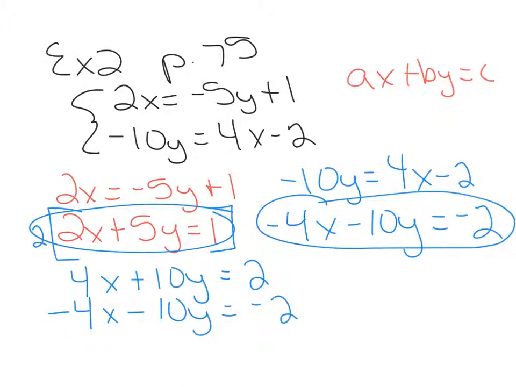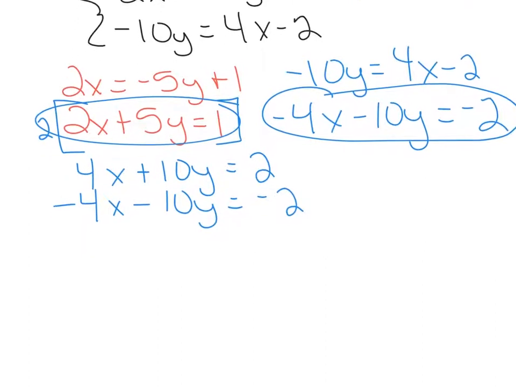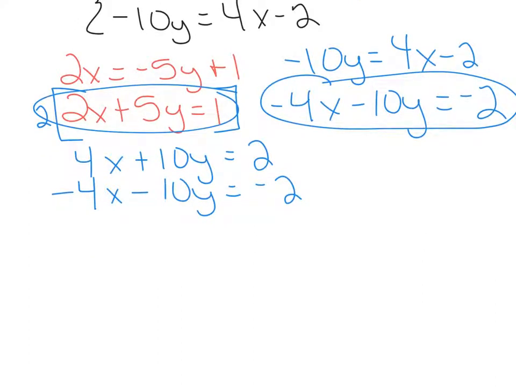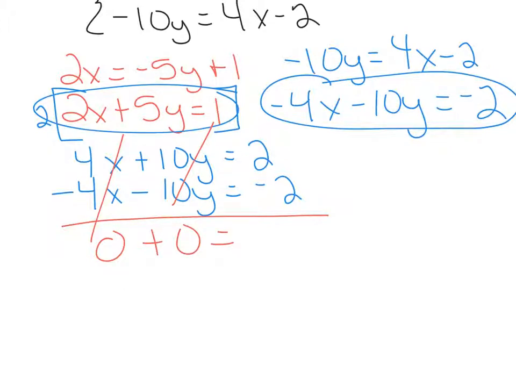And I don't know if you noticed, but this is a similar situation to the one we had on the last example. When I get ready to add these straight down, these x's are going to eliminate, and that's 0. But the y's are also going to eliminate. So again, I have 0 plus 0. What happens over here now, when I add these constants though, I also have 0. 2 plus negative 2 equals 0. So in effect, I have 0 equals 0.